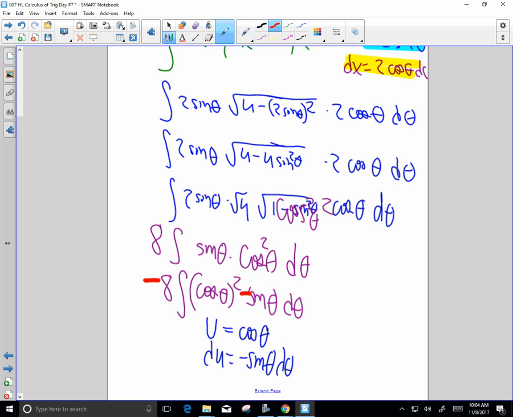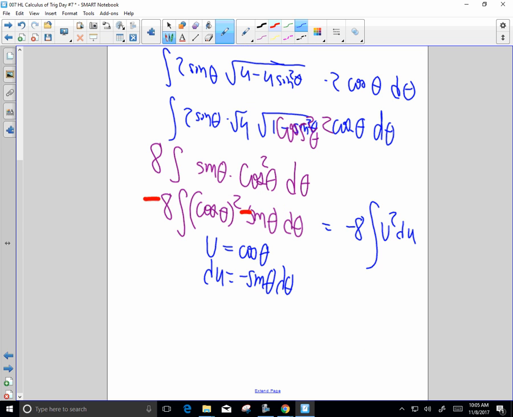Okay, and so then this is going to give us negative 8 u squared du, and what's that antiderivative? Cosine what? To the third theta over 3 plus c.